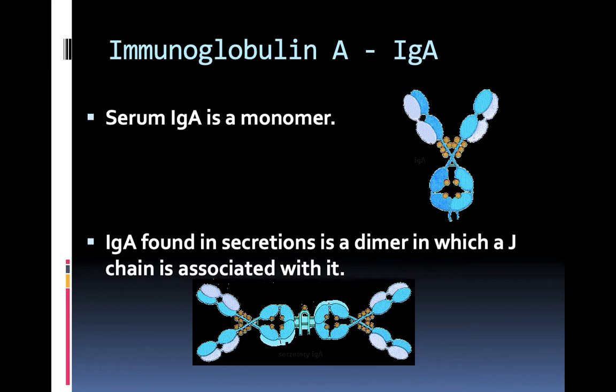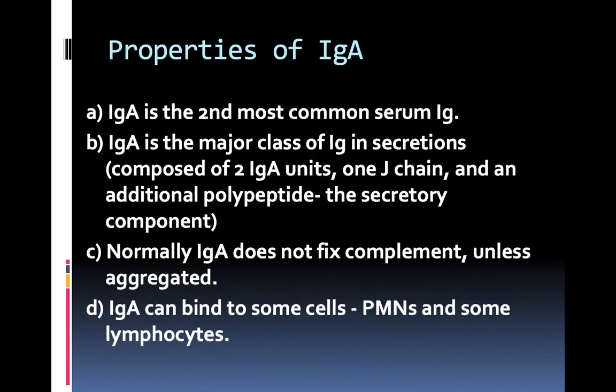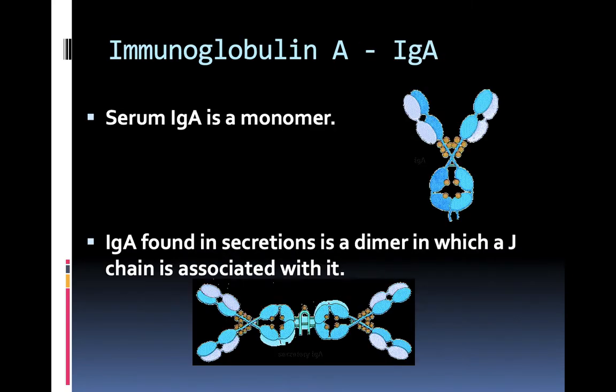Okay, now let's go back to discussing the second type, IgA. Serum IgA is a monomer, and it's highly associated with secretions. In secretions, IgA is found as a dimer with an associated J chain.